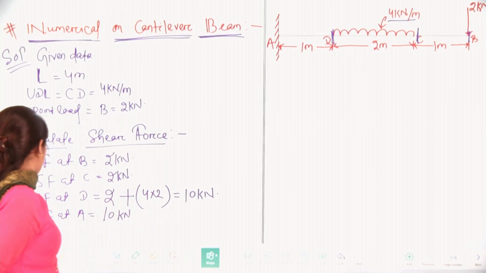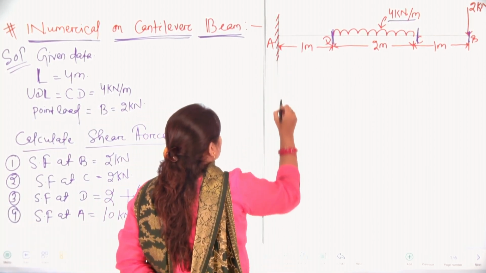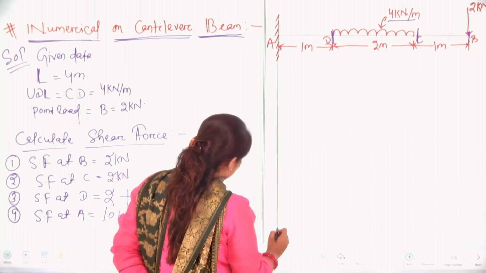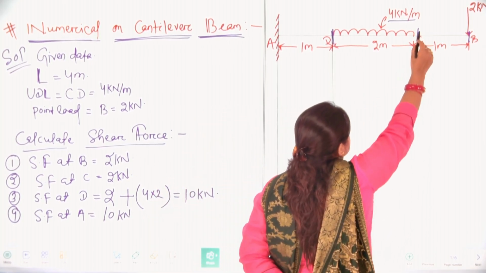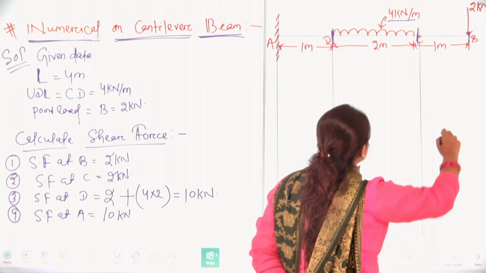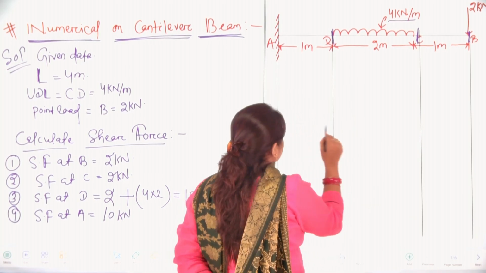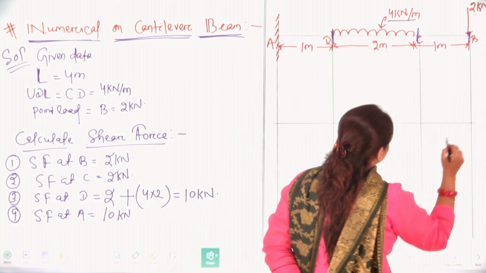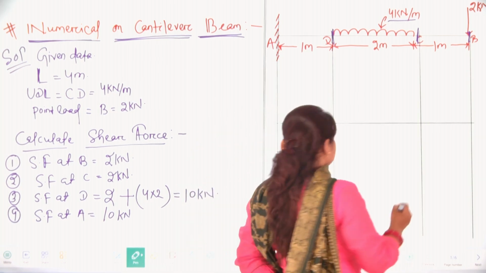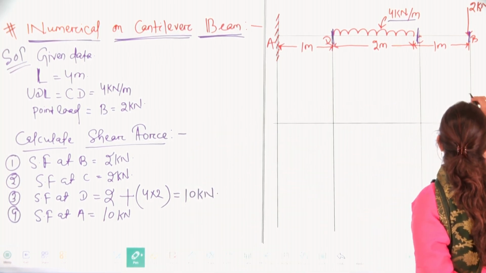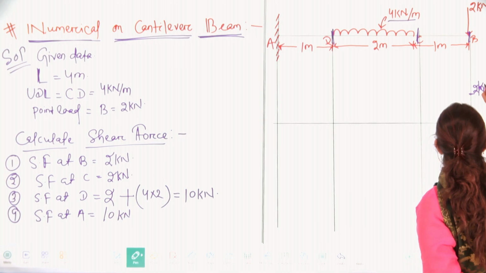So, we have the shear force values at different points. Let us draw the shear force diagram. The diagram will use these points A, B, C and D. You can see at point B we have 2 kilonewton.